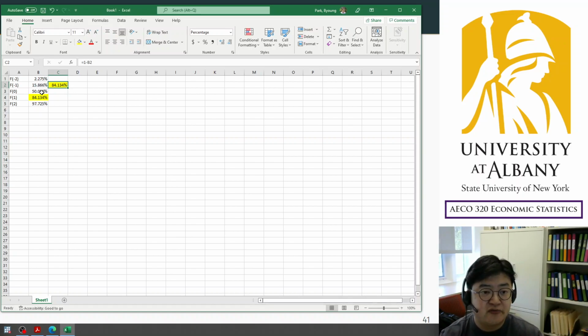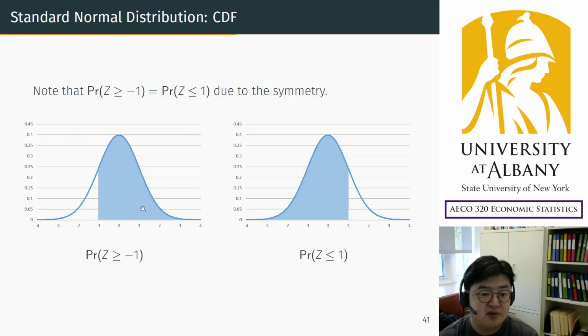There is no other formula calculating greater than something, but you can use one of these two methods. You have to memorize that the CDF is based on probability smaller than something, so you have to use that information to convert it into the probability you want.